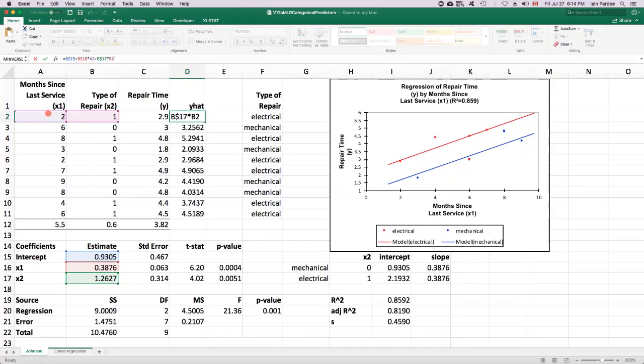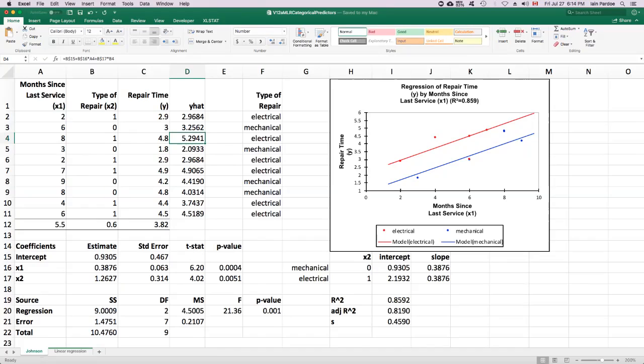For this first observation with X1 equal to 2 and X2 equal to 1, we have 0.9305 plus 0.3876 times 2 plus 1.2627 times 1. Let's have a look at this one: 0.9305 plus 0.3876 times 6 plus 1.2627 times 0.